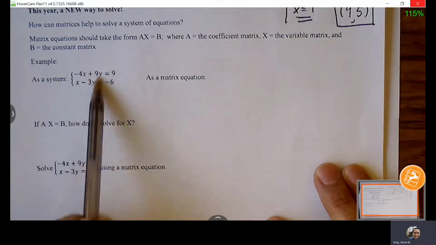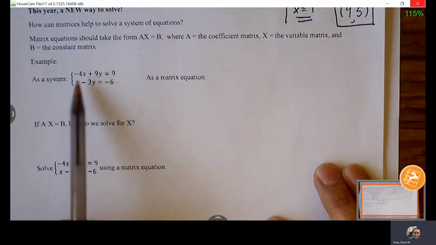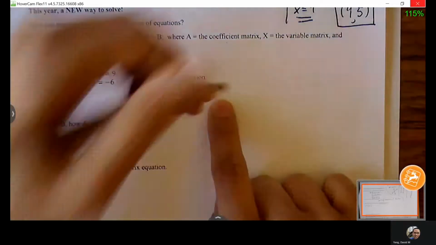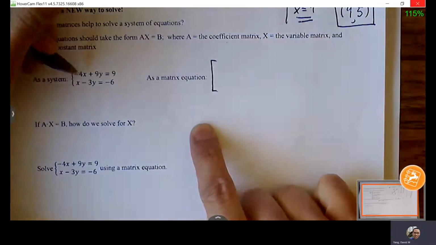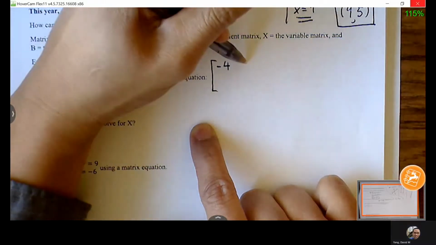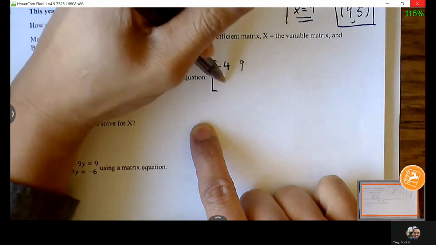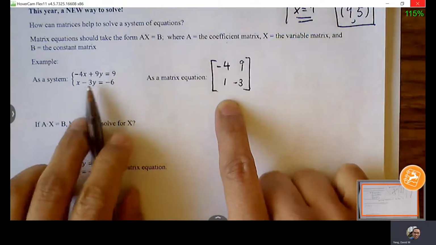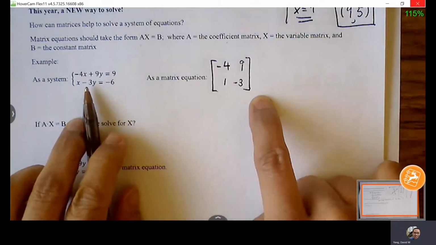Okay, so what we're going to do is take these numbers, these coefficients, and create a coefficient matrix. So let's hope you see how that's going to look. So we're basically going to separate the coefficients from the variables.